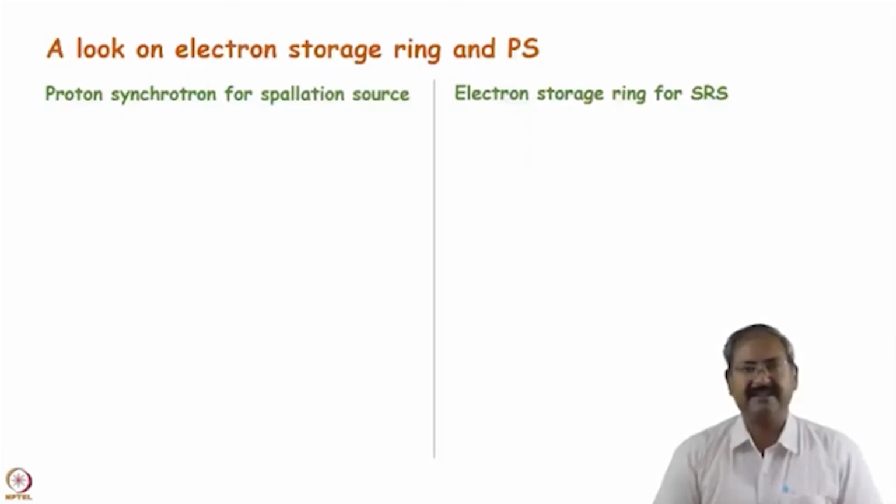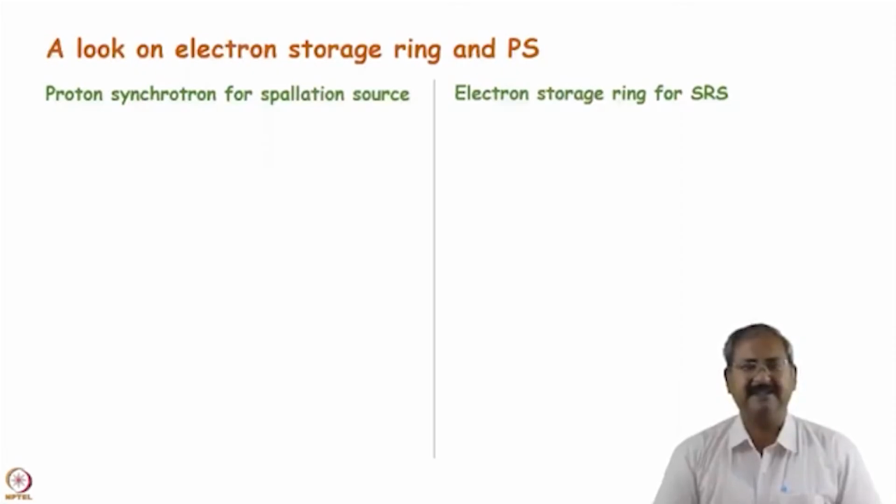And the other thing is that the force depends on 1 by gamma square. Means if you have high gamma, then this force will be diminished. And this is why electron machines don't face any problem of space charge type, because their gamma is much higher.